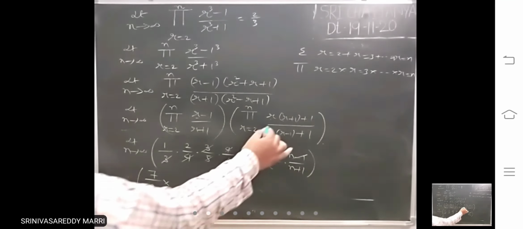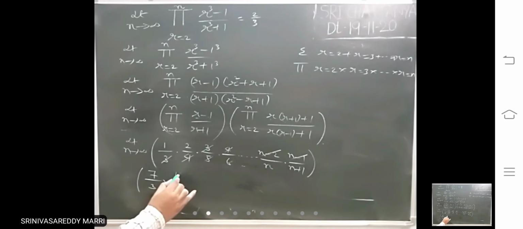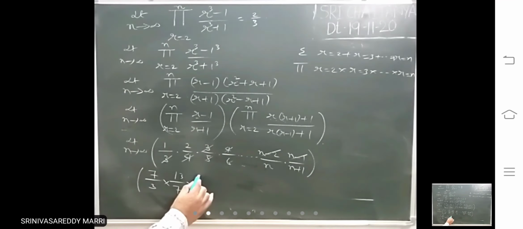R equal to 3 means 3 into 4 plus 1, 13, divided by, here you will get 7, into r equal to 4. R equal to 4 means 21 divided by 4 means what you will get? 13. Right?